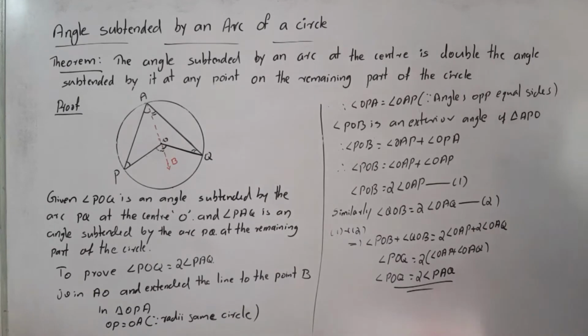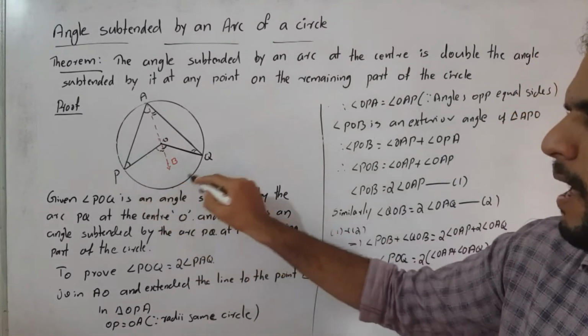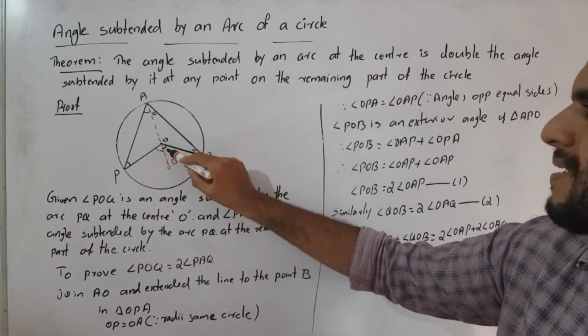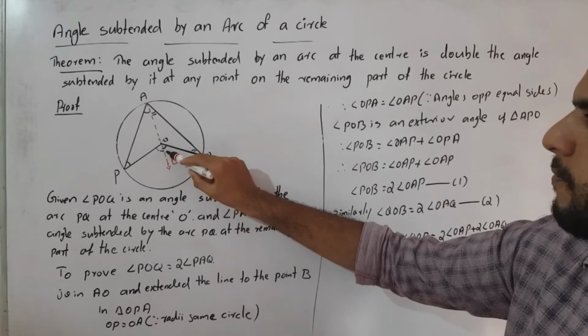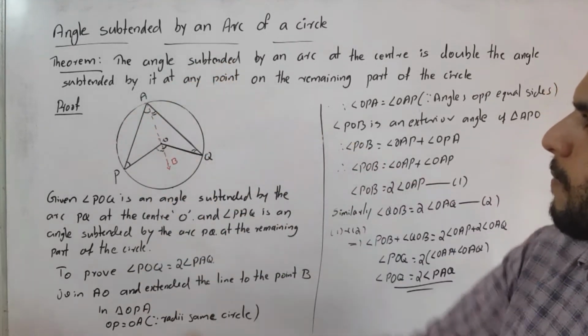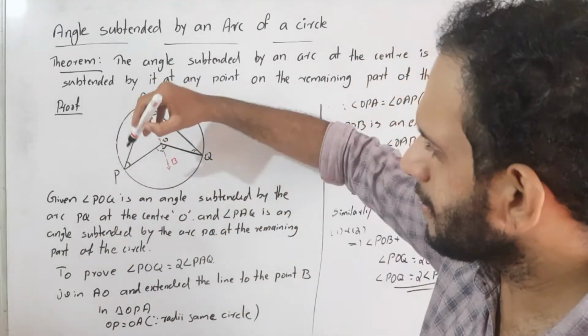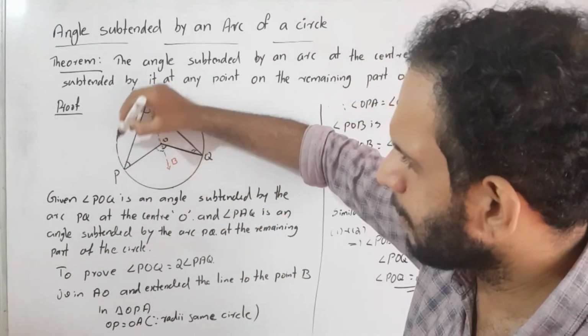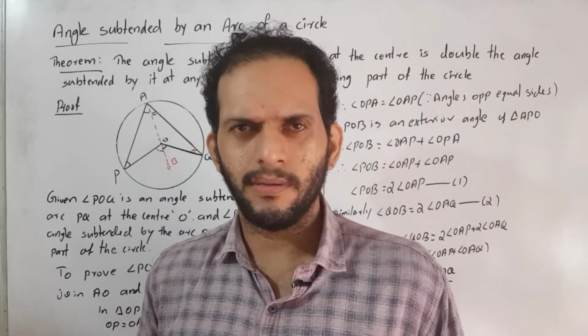Okay, that statement is very important. What is that? The angle subtended by the arc at the center is double the angle subtended by it at any point on the remaining part of the circle. It's clear? I think you got this theorem.